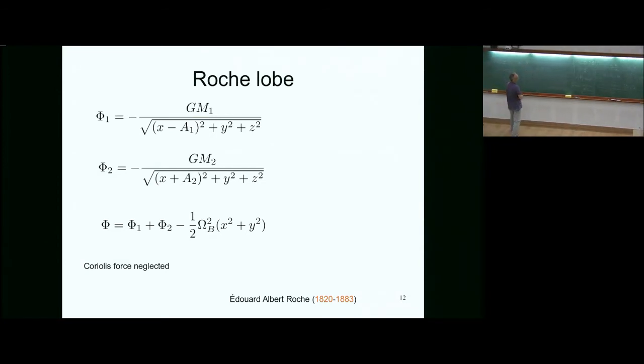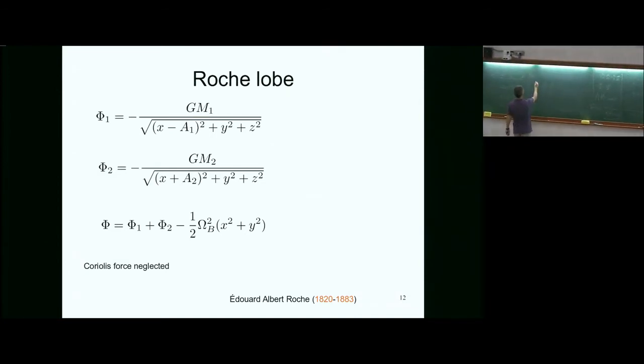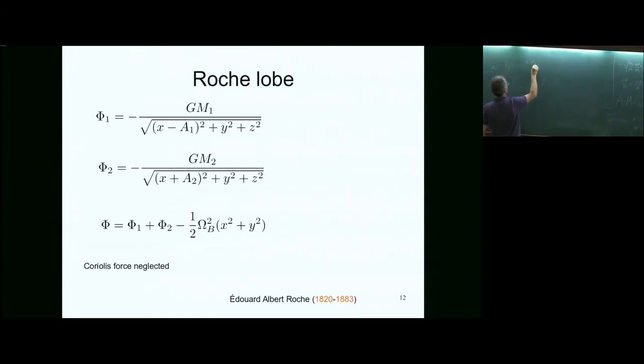Phi1 is equal to minus G M1 over the square root of (x minus a1) squared plus y squared plus z squared.